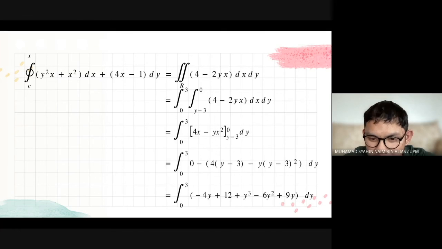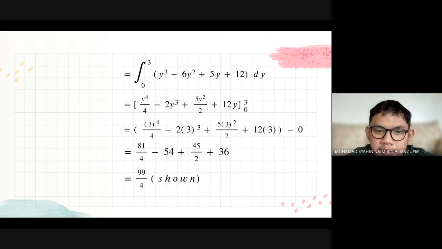For y minus 3, we get 0 minus 4 times (y minus 3), and then minus y times (y minus 3) squared, dy. The result we get is negative 4y plus 12 plus y cubed minus 6y squared plus 9y dy.